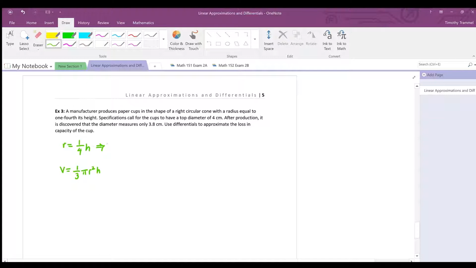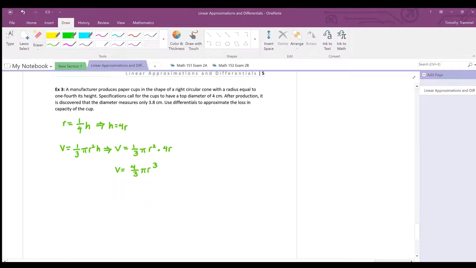If we do that, we'll get h is equal to 4r, which then allows us to reduce the number of variables in this volume equation. So this is now V equals 1/3 pi r squared times h, which is 4r. And so we get V is equal to 4/3 pi r cubed.